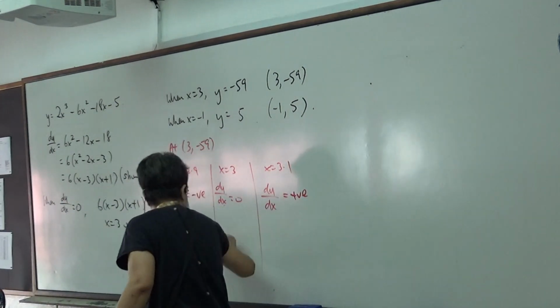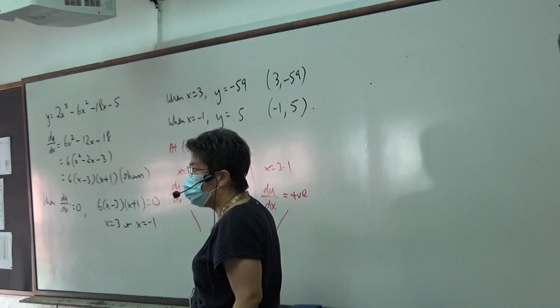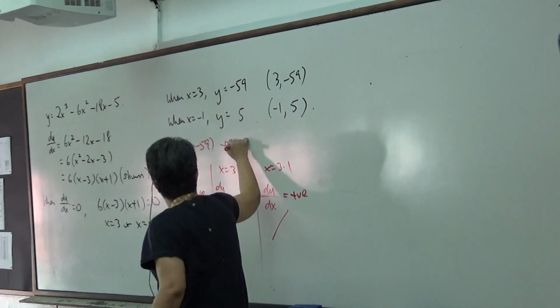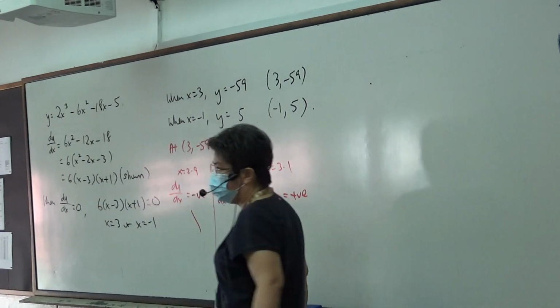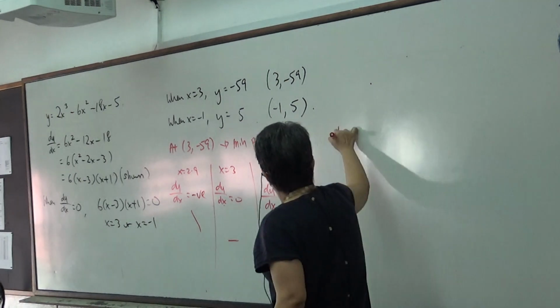So it's like this, like this, like this. What kind of point? Minimum.